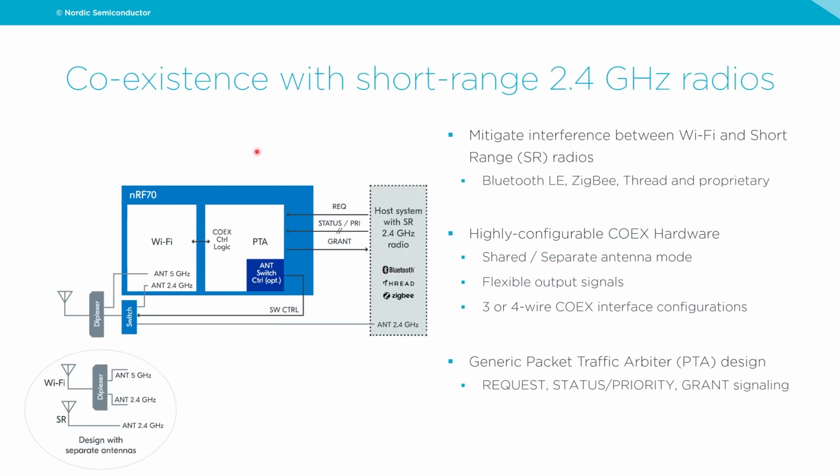And to explain a little bit more about the coexistence between Wi-Fi and short-range 2.4 GHz radios. The goal of the coexistence solution is to mitigate the interference between the Wi-Fi radio and short-range radios like Bluetooth LE or 802.15.4 radios such as Zigbee or Thread.